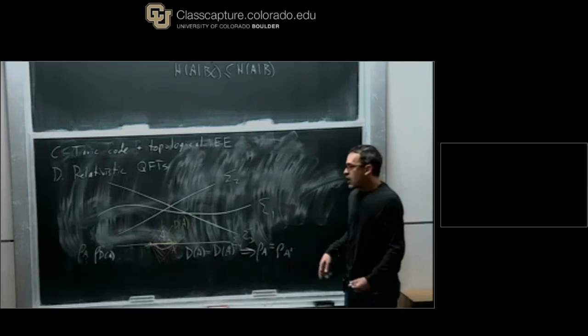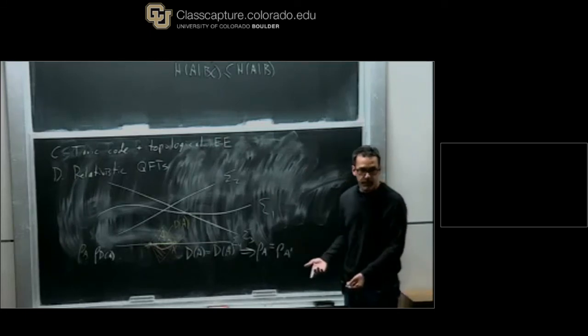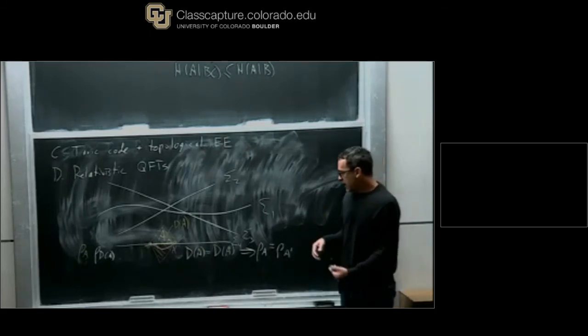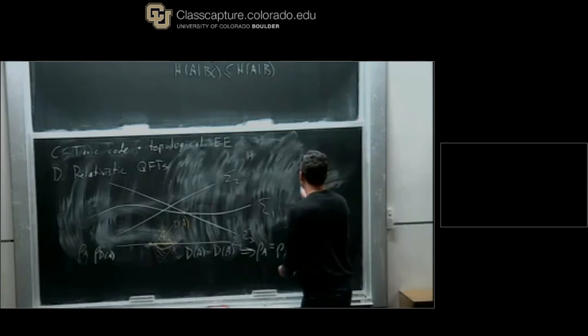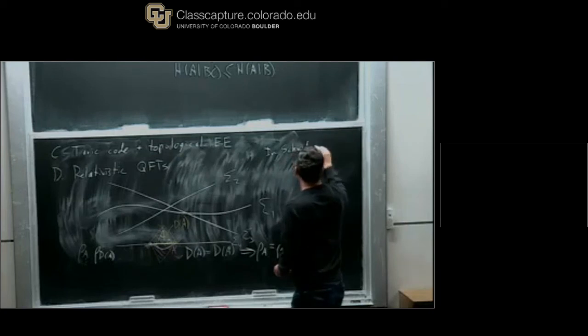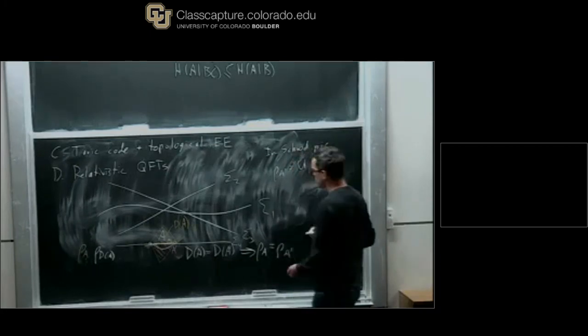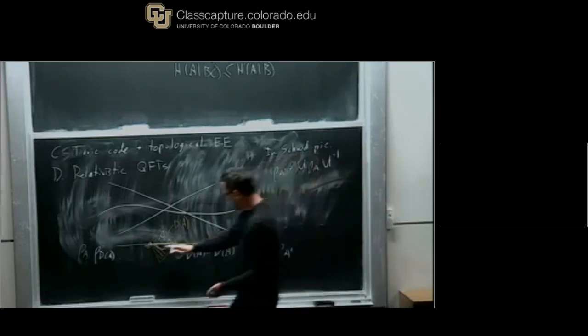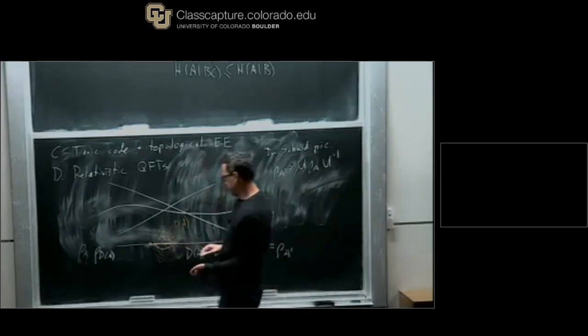Okay? If you choose to work in the Schrodinger picture so that the state evolves, then the correct statement is that rho sub A prime is unitarily related to rho sub A, where U is some time evolution operator that takes you between these two.